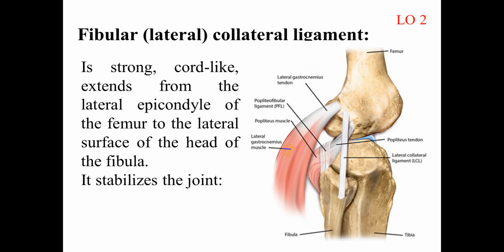The second ligament is the fibular or lateral collateral ligament on the lateral side of the knee. It is cord-like and strong, extending from the lateral epicondyle of the femur to the lateral surface of the head of the fibula, and its role is stabilizing the knee joint laterally.